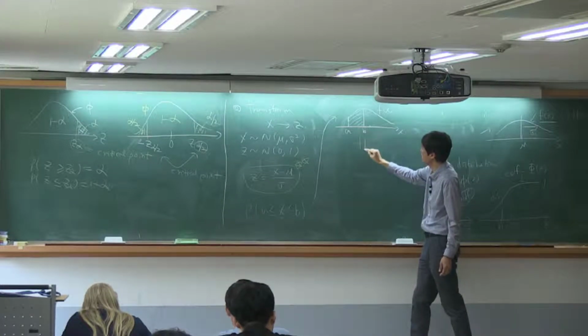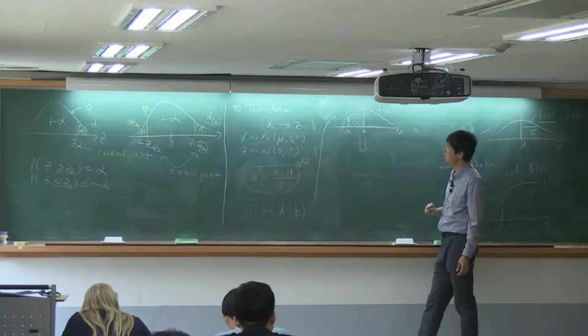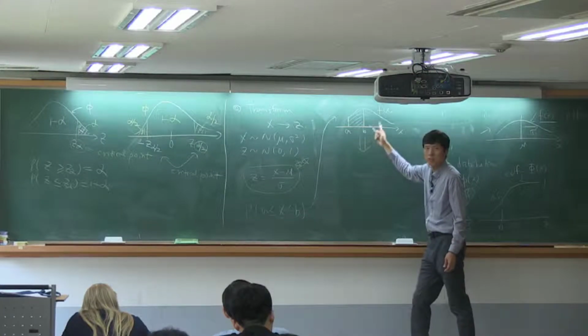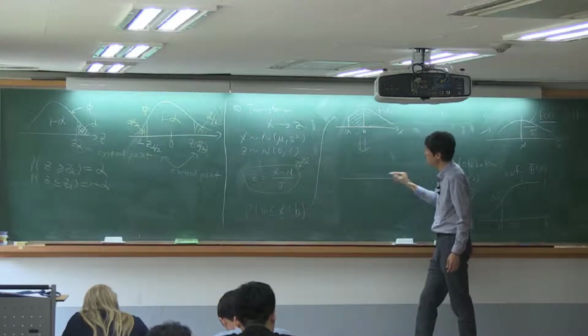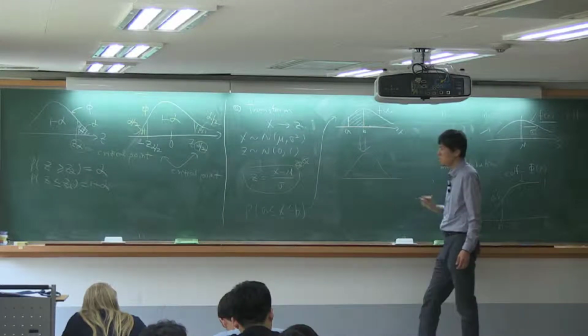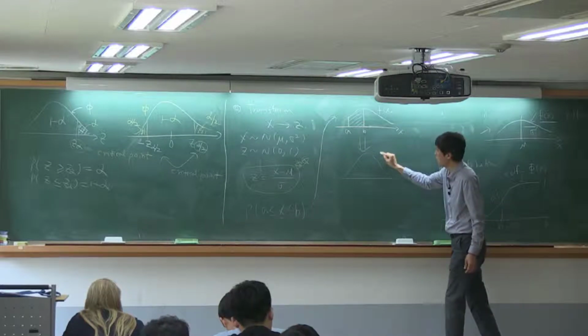Instead of calculating the area between a and b for the random variable X, we can calculate it using the standard normal distribution.